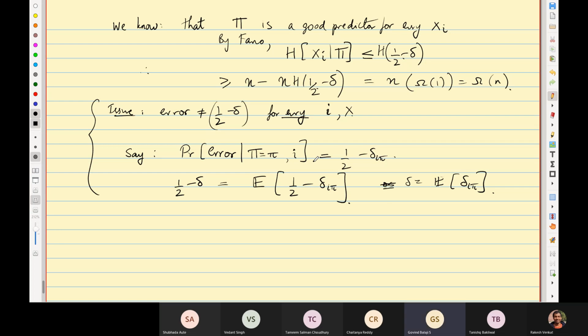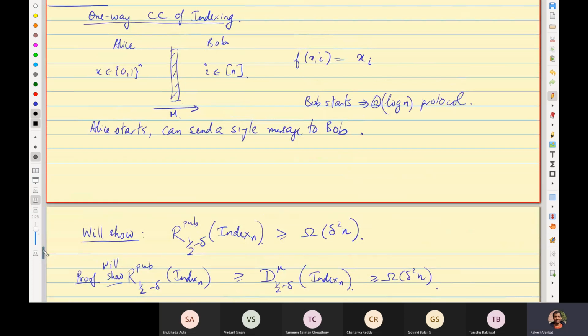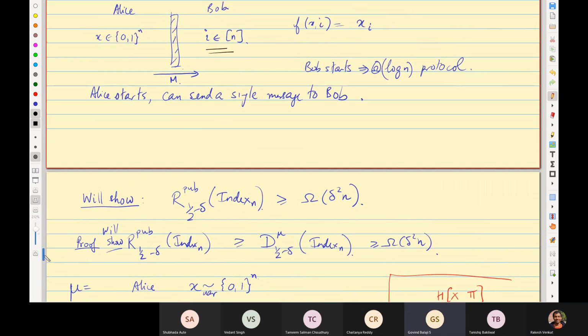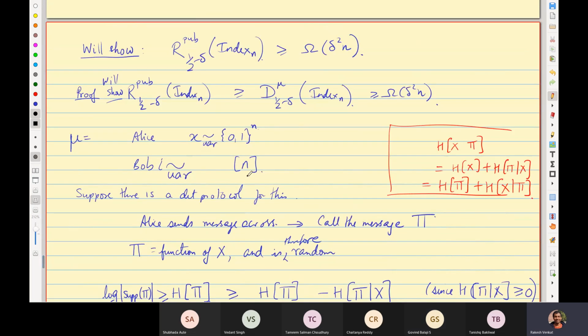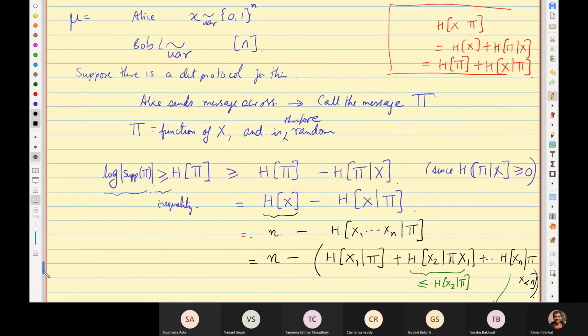The i is the index that Bob receives over here, and that is uniformly randomly chosen from n. So he might make more error on some indices under the distribution than others, but on average, the error should be at most delta. Okay, then it's fine.